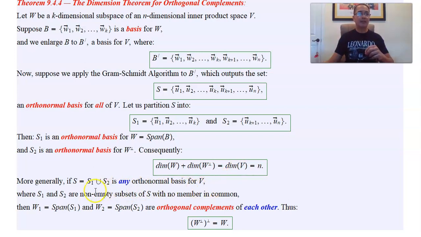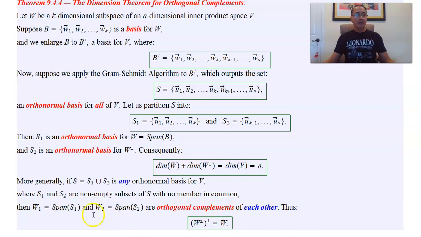Now, there's a generalization of this. Suppose that S is any orthonormal basis for V. So, start out with a complete basis for V that is orthonormal. Now separate them into two sets with no member in common. So we partition them: the three of you go over here, the two of you go over here.